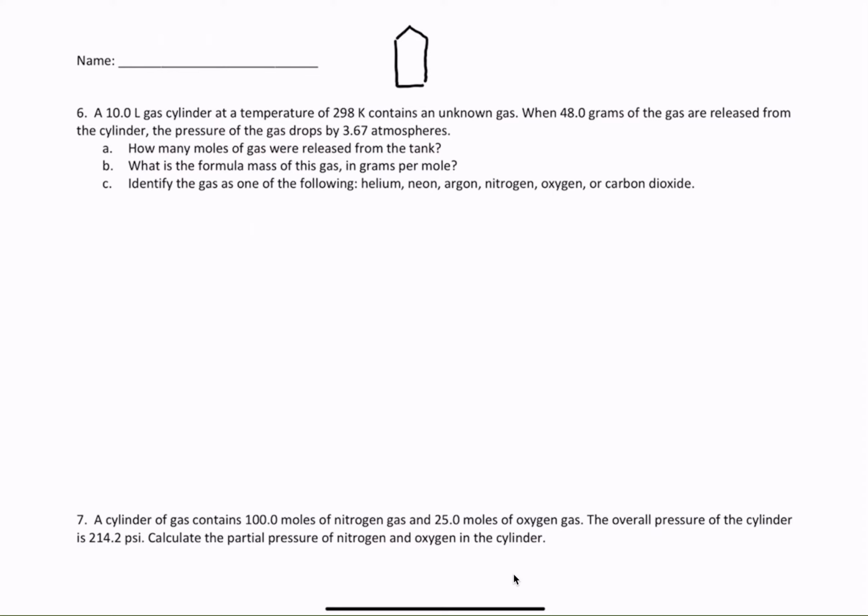This cylinder has a volume of 10.0 liters and a temperature of 298 Kelvin, and it contains unknown gas particles, with a valve at the top. It looks like a cross, but it's a valve.